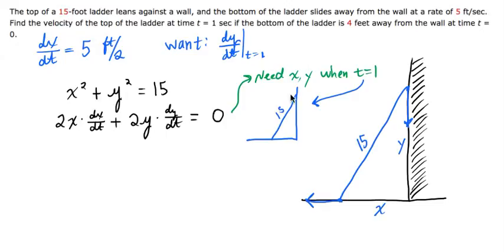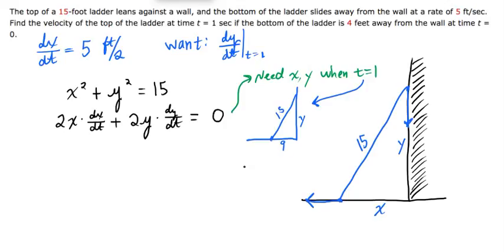So at 1 second, if the bottom of the ladder is 4 feet away from the wall at 0 seconds, and then the bottom of the ladder is sliding away from the wall at a rate of 5 feet per second, then the bottom of the ladder has slid 5 extra feet in that first 1 second. So that distance is going to be 9, because it started 4 feet away and went an extra 5 feet in that 1 second. So we need to find y at the moment when x is 9 and the diagonal is 15.